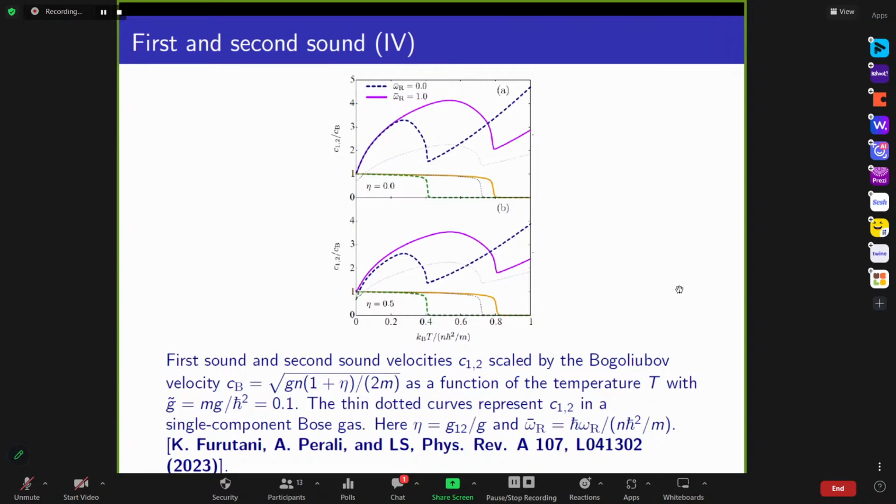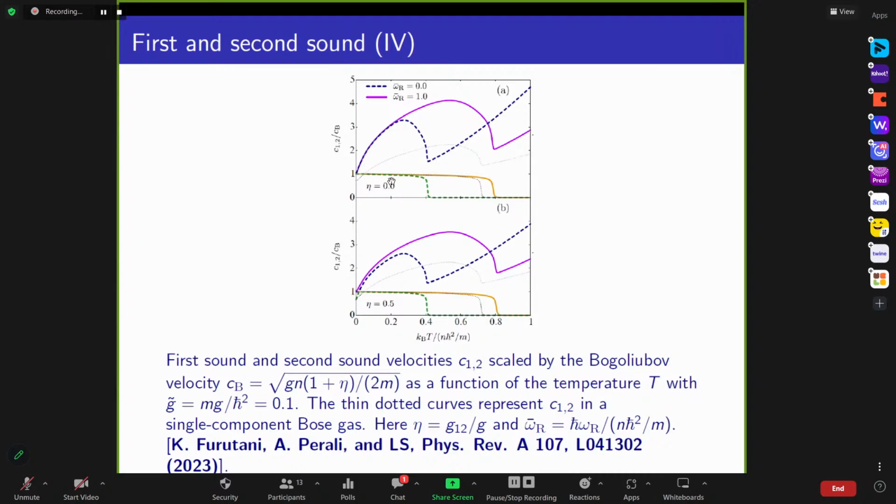So they are the speed of sound as a function of the temperature, and you see the pink line is the first sound for omega equal to 1, and the blue dashed line is again the first sound for omega equal to 0. Correspondingly, there are the green line and the yellow line for the second sound.